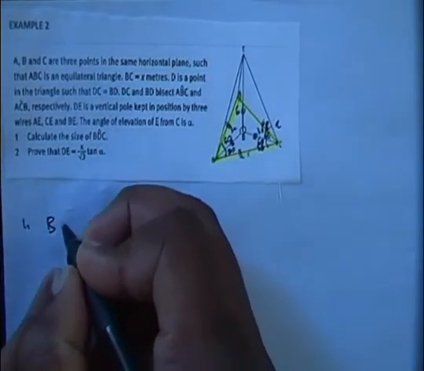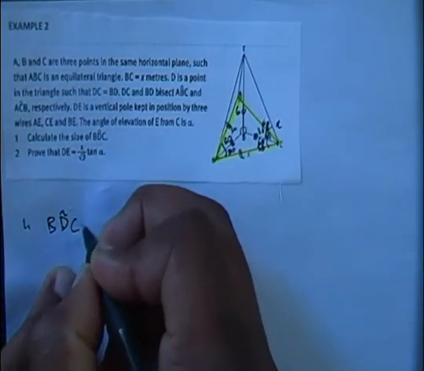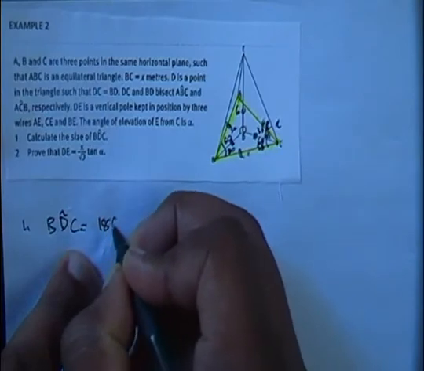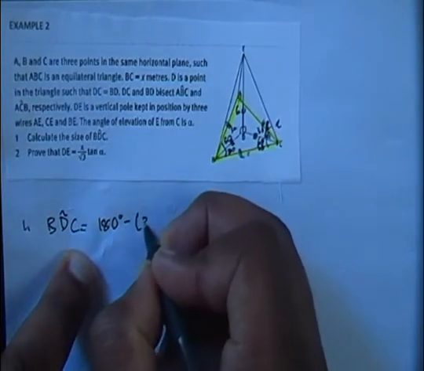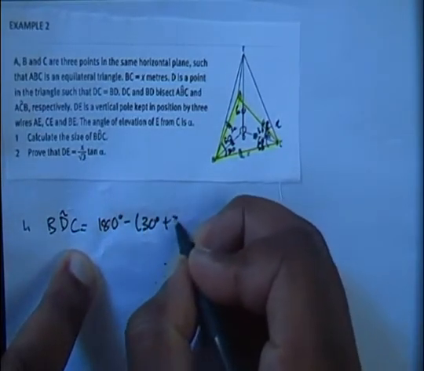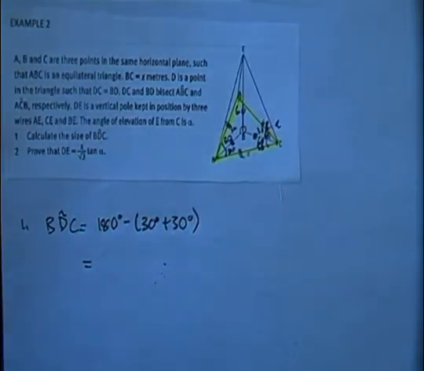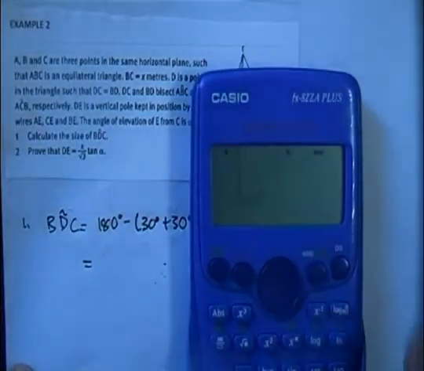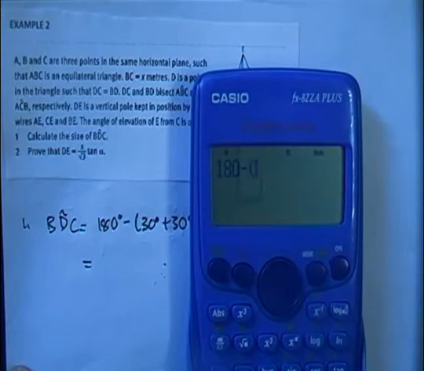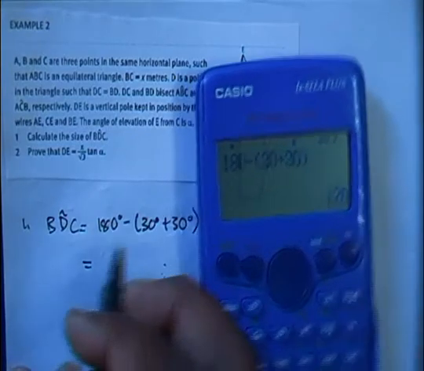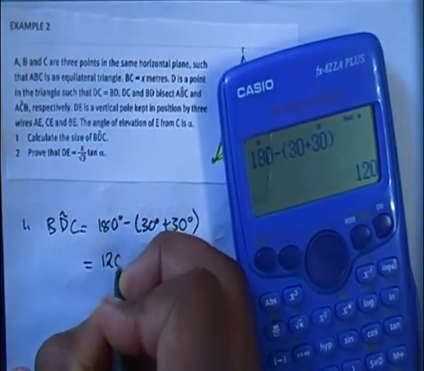So to get BDC is just going to be 180 minus 30 plus 30. Okay, so let's calculate that. So 180 minus (30 plus 30), close the brackets, so that's 120 degrees.